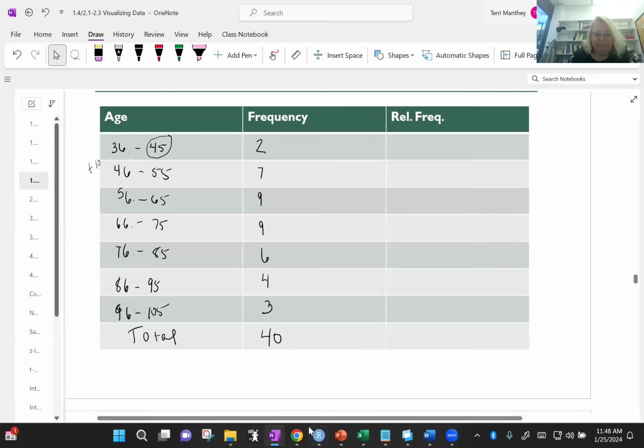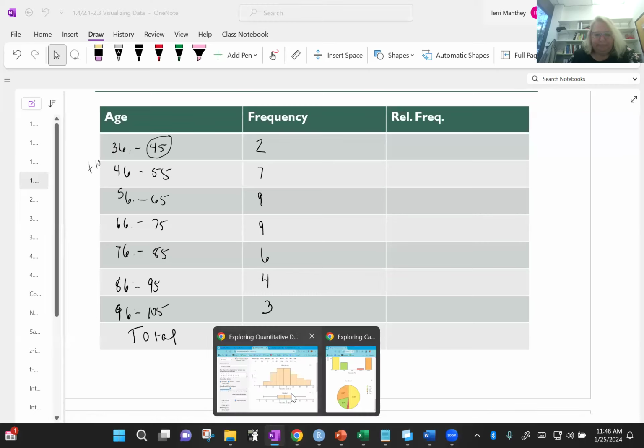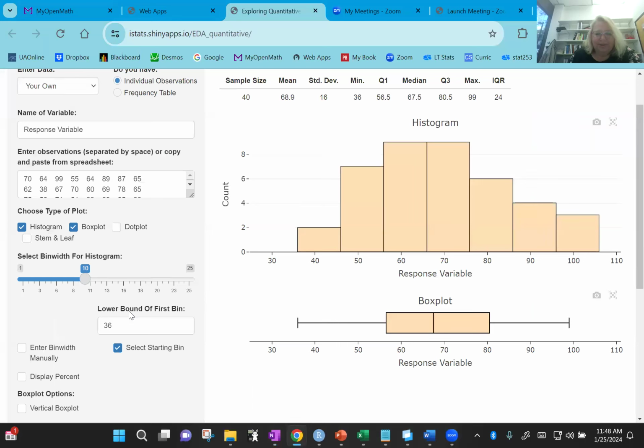Watch this. To get the relative frequencies, I'm going to hit this button called display percent. Click on that. Now this changes the histogram to percent. Now these are all in percents. So to find the relative frequency, I have to convert back to decimal.